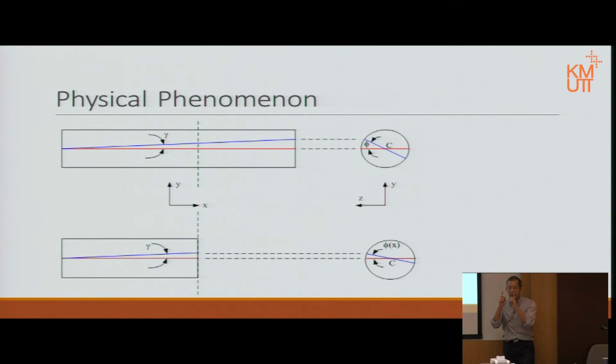Meaning even within one pair of torsion, the angle of twist will change according to x. Notice the total length angle of twist is big; if it is only somewhere shorter, then the angle of twist is smaller. Therefore, as I indicate here, the angle of twist phi is in fact a function of x.